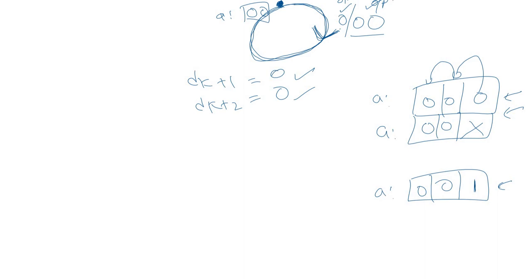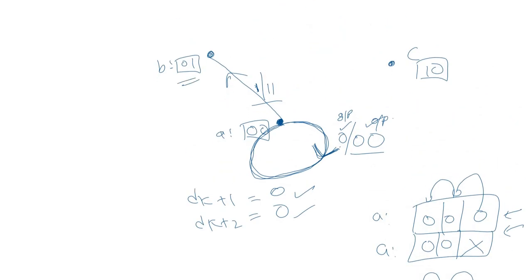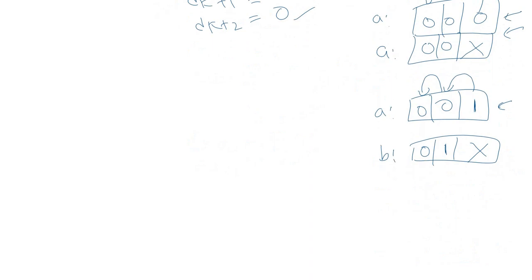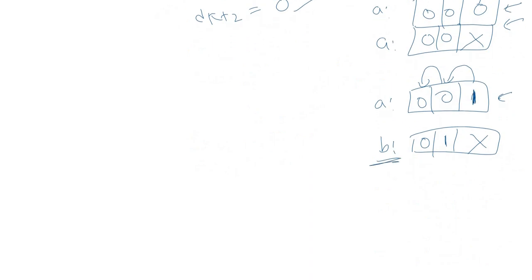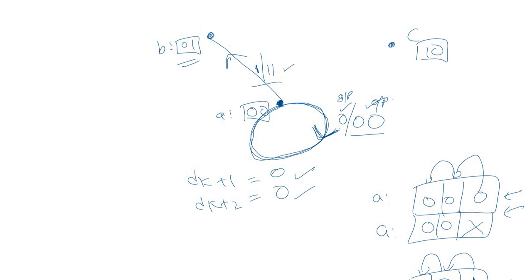Now when the next state comes, this 1 will move to this shift register, and this 0 will move to this shift register, and here we'll have a new bit. So now we have 0, 0, 1, which is nothing but state B, state 0, 1. So when the input data is 1, the state transition takes place from state A to state B, and this is the input-output relationship.